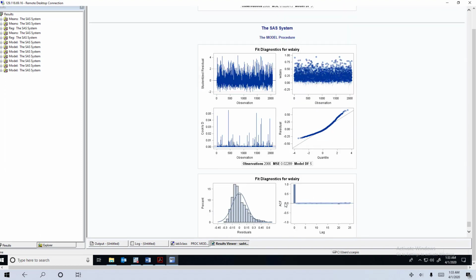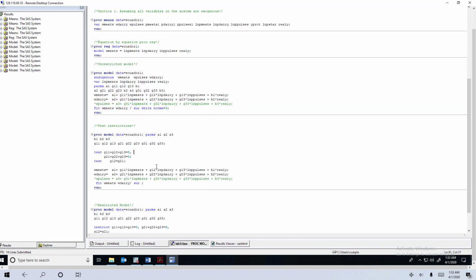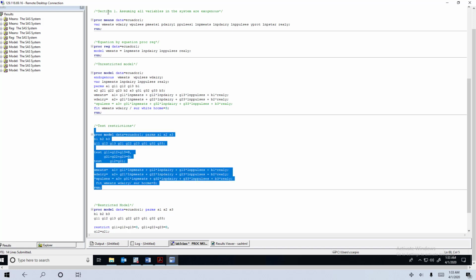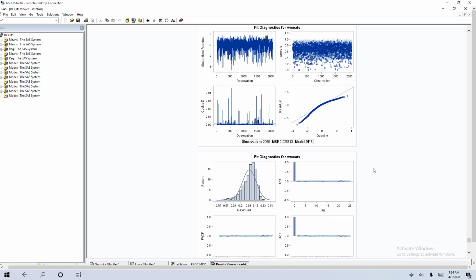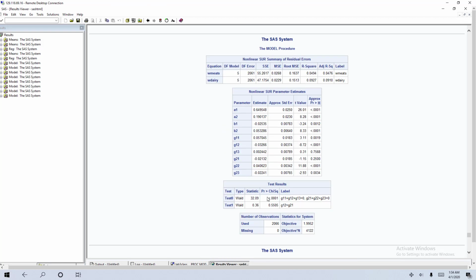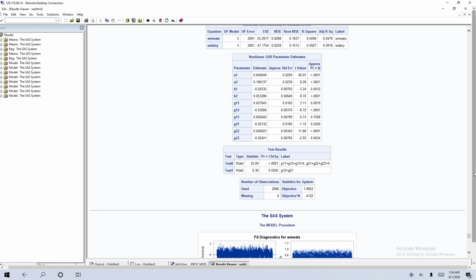Let's see. So we want to test GCME equal to 3. Okay. See what we get. Okay, so we get the different tests. Everything seems to be fine.